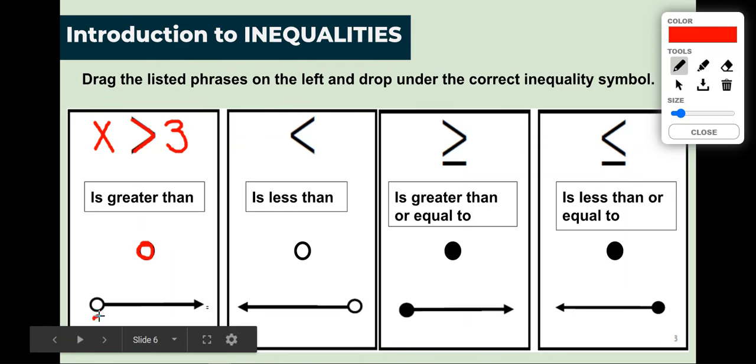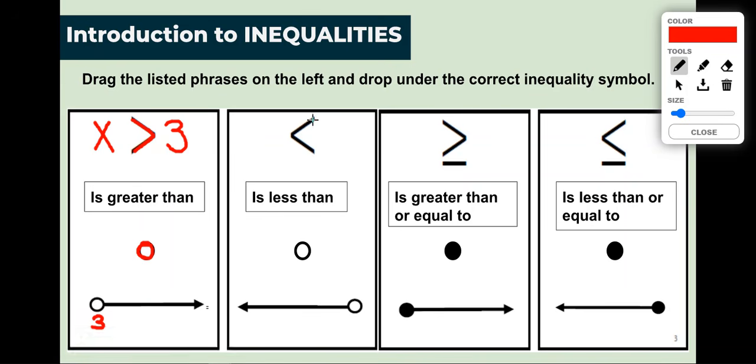So if I am graphing 3, it would include any number that's larger than 3, but it wouldn't include 3 itself. So include 4, 5, 6, all the way up.